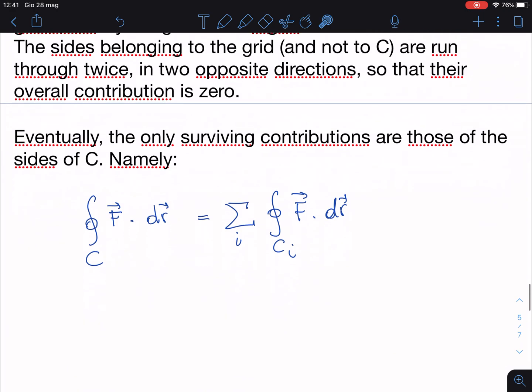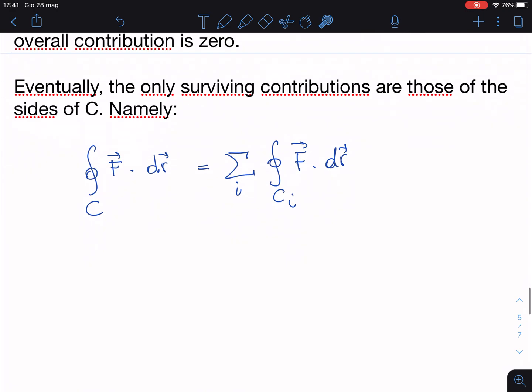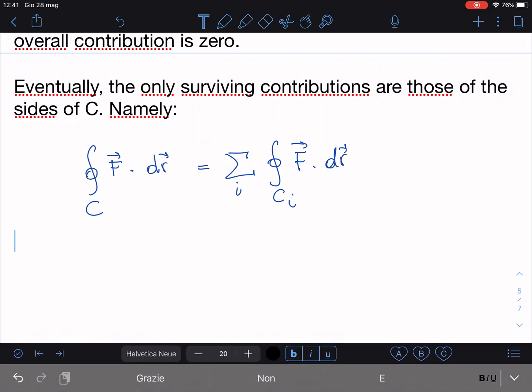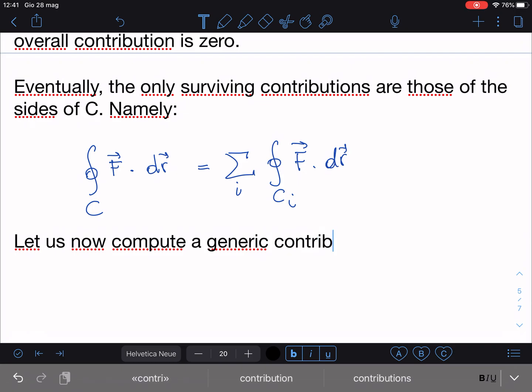Okay? So now let us compute a generic contribution of an internal circuit.